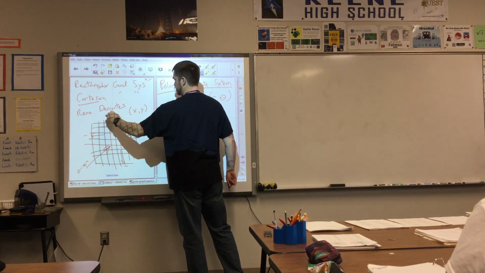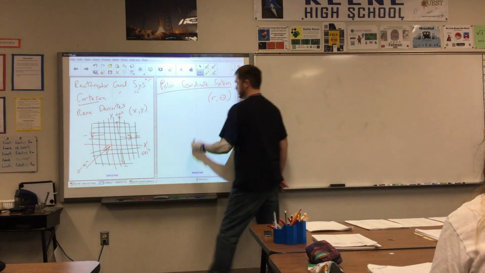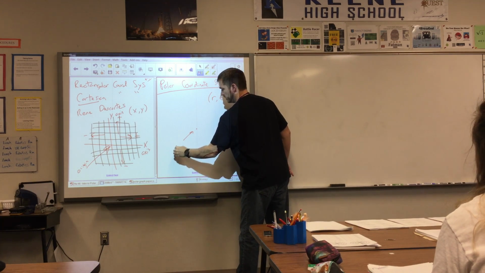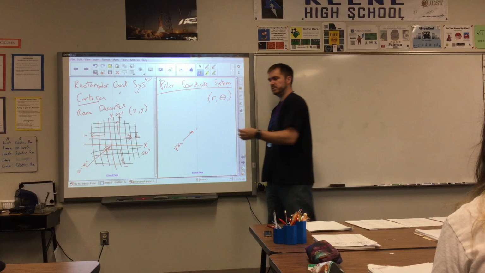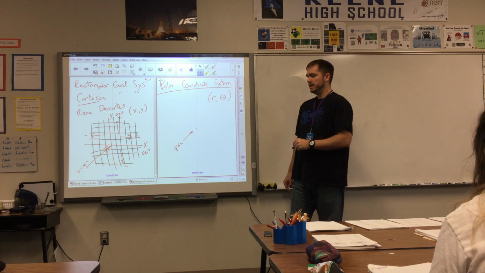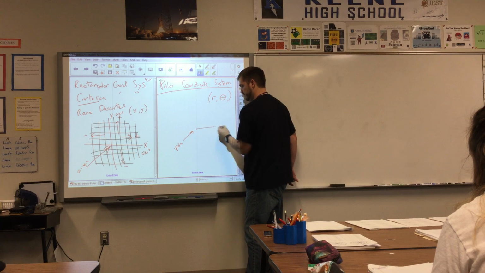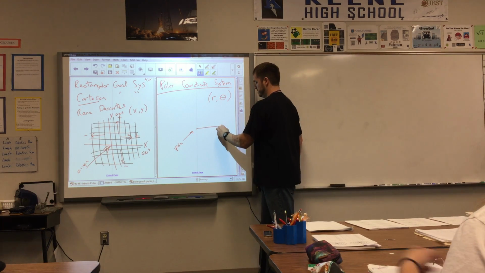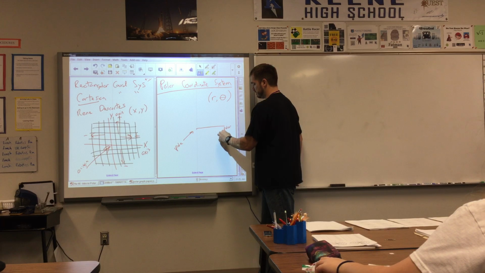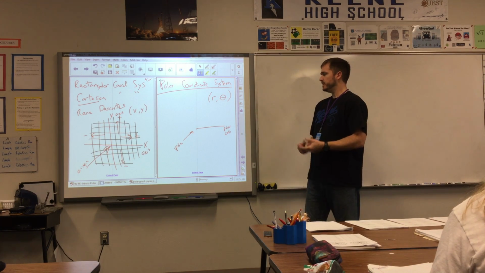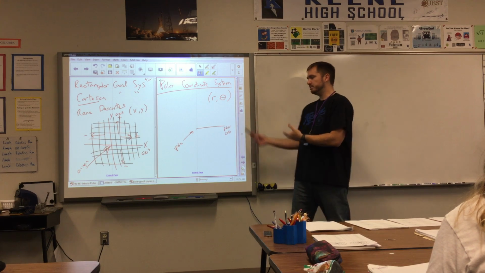This is the x-axis and the y-axis. In the polar coordinate system, we have the pole, which is actually like a dot. And we have the polar axis, which looks like a pole, but anyway, that's kind of weird. So there you go, the pole and the polar axis.